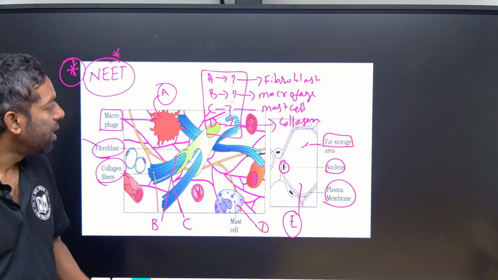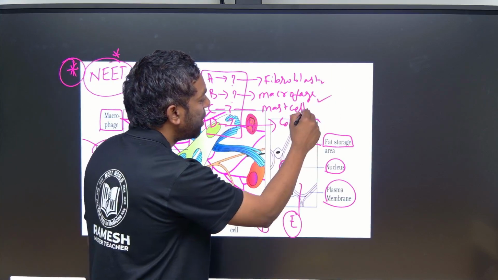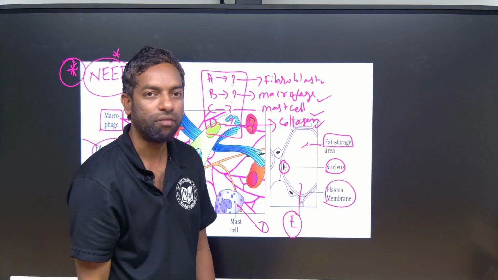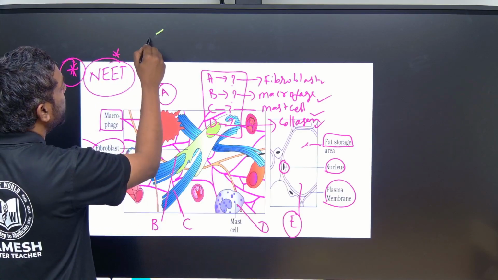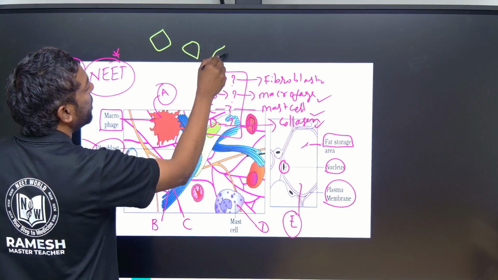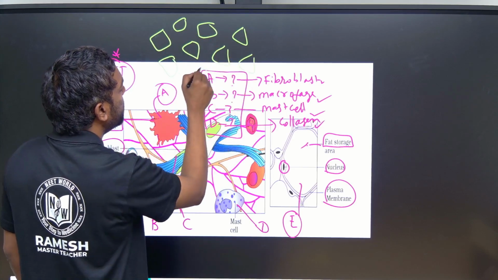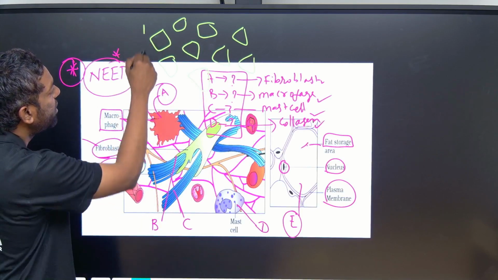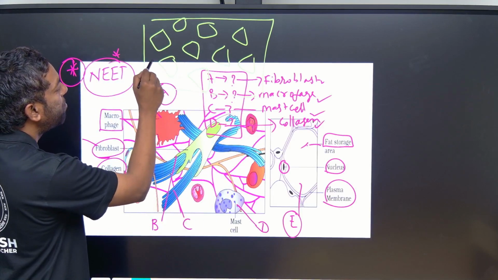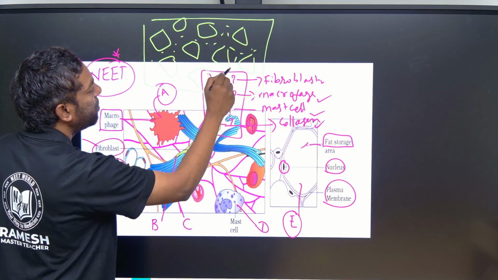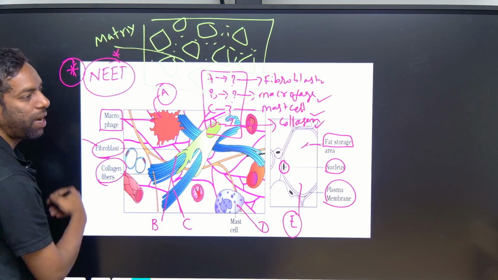Most important, guys, is where fibroblast cells are located, where macrophages, mast cells and collagen are located. As we discussed, connective tissue has a wide range of space between the cells. That space we call the matrix.